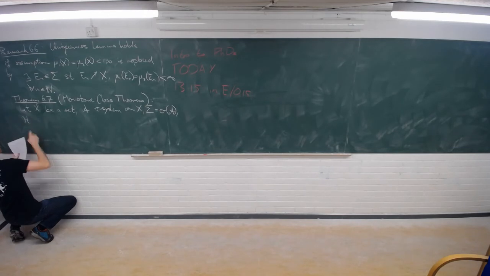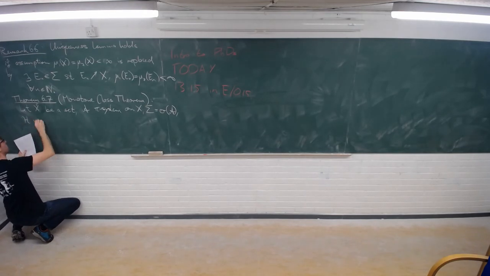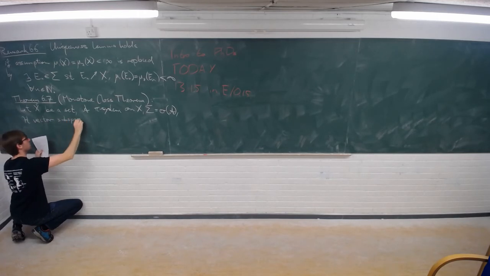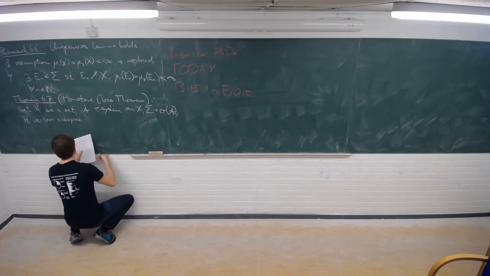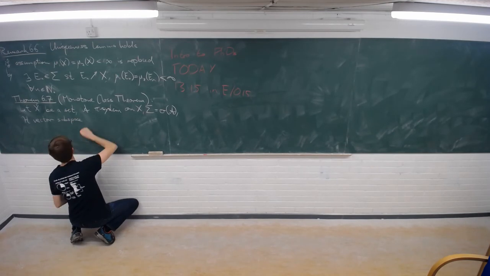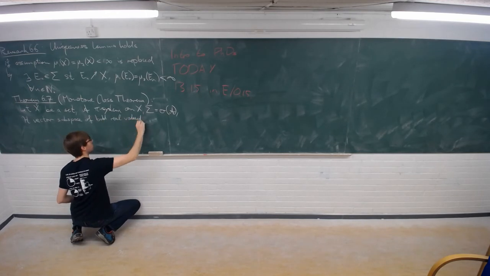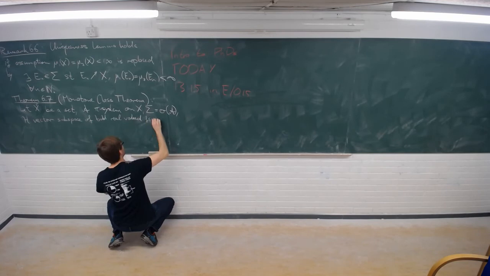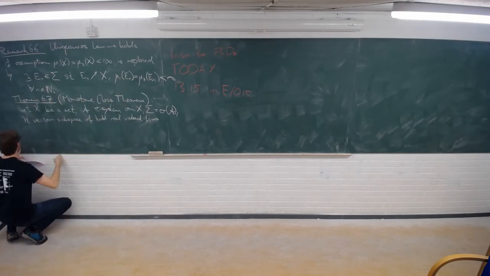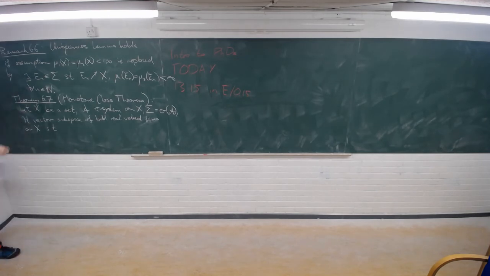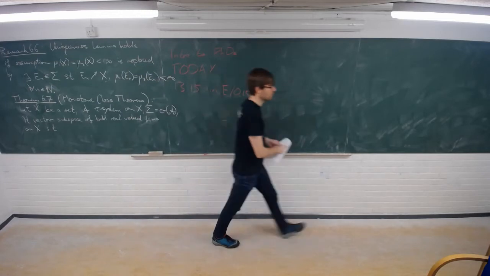And let this calligraphic H be a vector subspace of the bounded real functions on X. And assume that the following three conditions are satisfied.